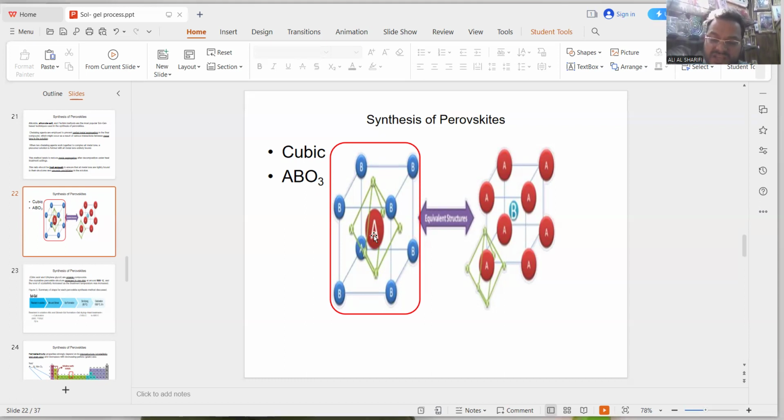By that, each B is surrounded by 6 oxygens, so we will have an octahedral shape surrounding the transition metal, the B cation. So you can imagine A, the lanthanide at the center, surrounded by 8 octahedra at all 8 corners of this cube. 1, 2, 3, 4, 5, 6, 7, 8.